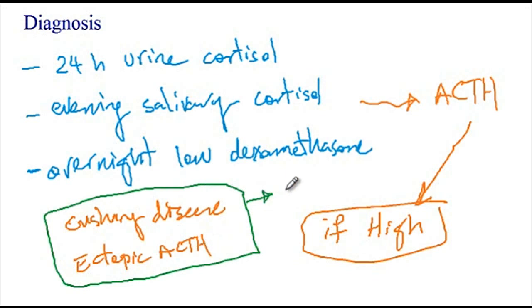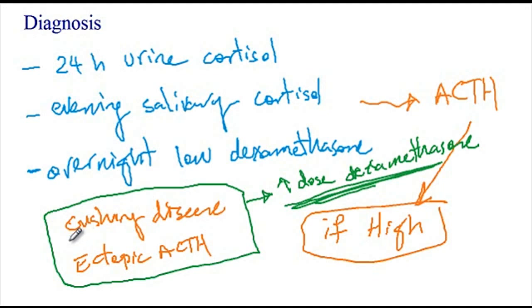And the test that you can order is called the high dose dexamethasone suppression test. So high-dose dexamethasone would be able to act on the pituitary gland and suppress it, as a consequence of which there would be decreased level of cortisol production. So high-dose dexamethasone would be able to suppress cortisol in patients with Cushing disease.